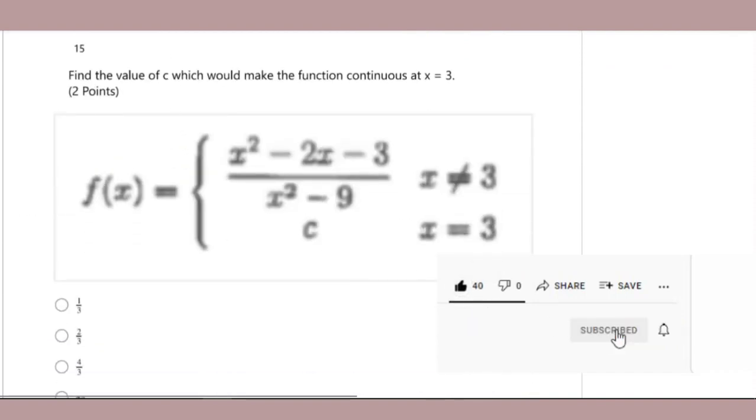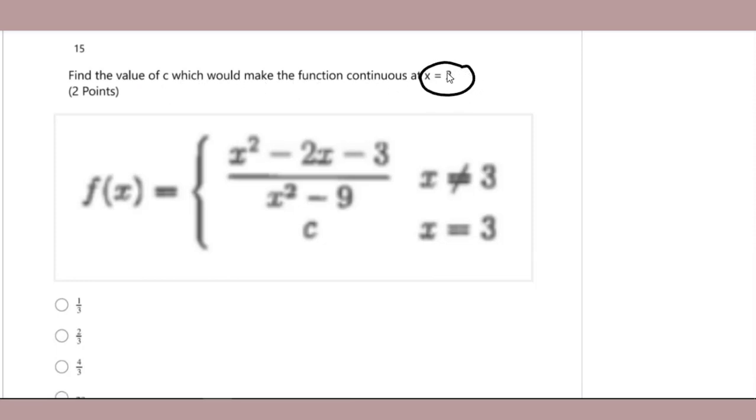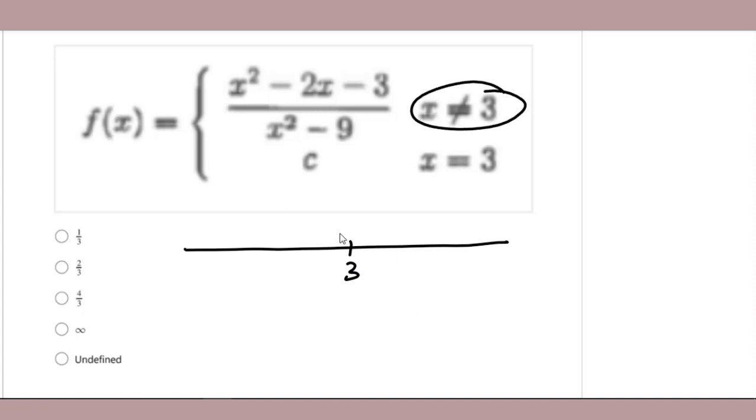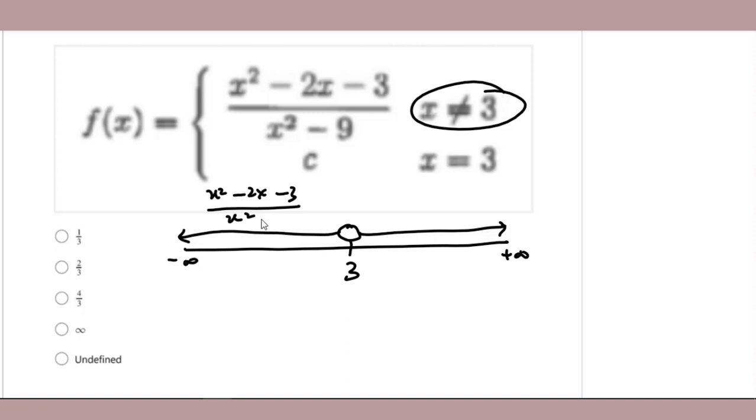Number 15. Find the value of c which would make the function continuous at x is equal to 3. And transfer to number 9. Here is all real numbers except 3. From negative infinity, the function is x squared minus 2x minus 3 over x squared minus 9.